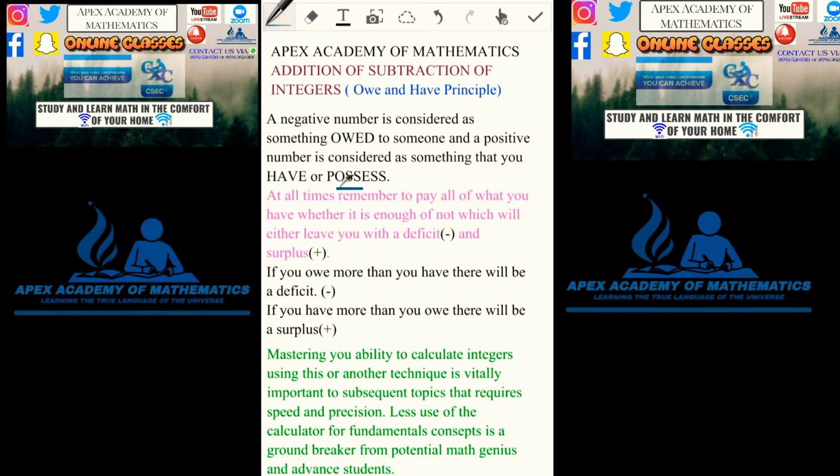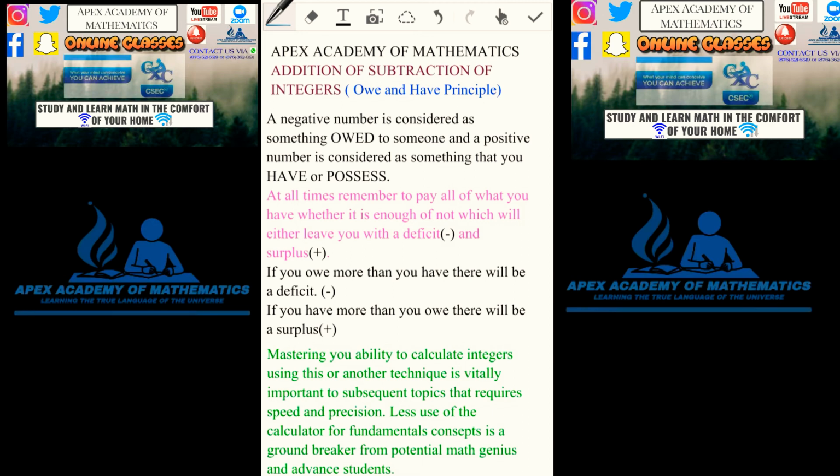let's look at this part written here in pink. At all times, remember to pay all of what you have, whether it is enough or not, which will either leave you with a deficit, which is going to be negative, or leave you with a surplus, which is positive. So have you ever considered the fact that you may be owing someone a certain amount of money, but you don't have enough to pay that person?